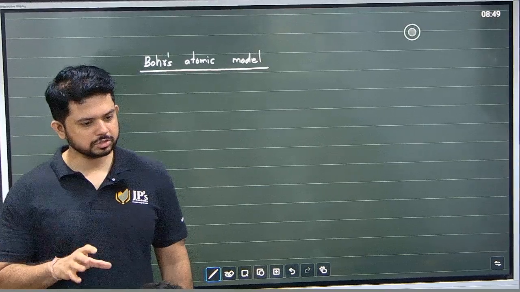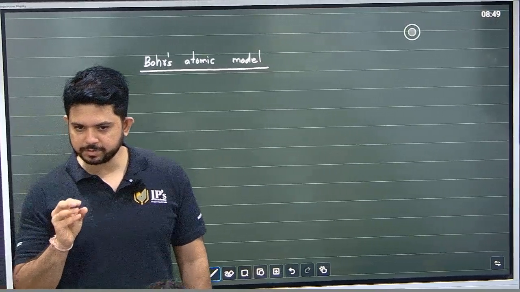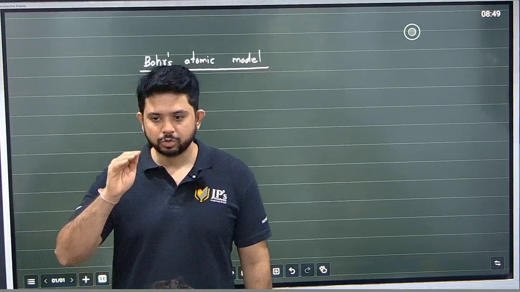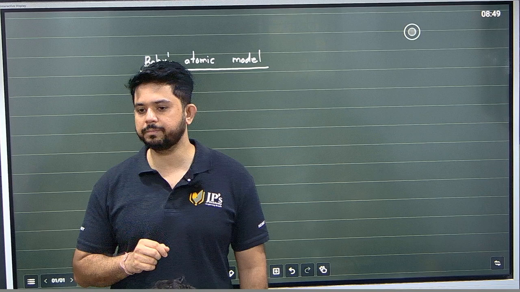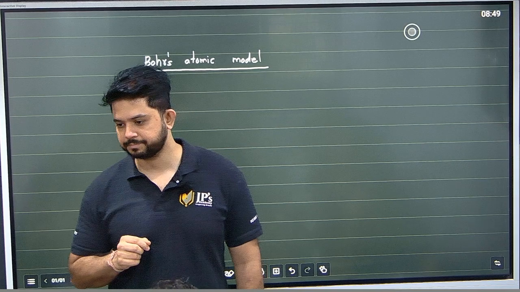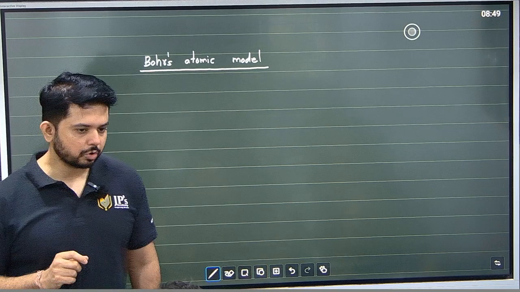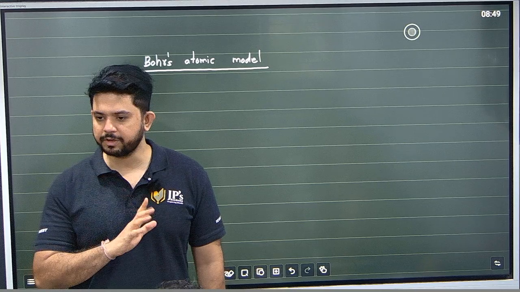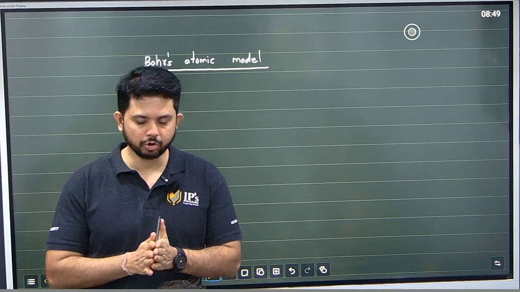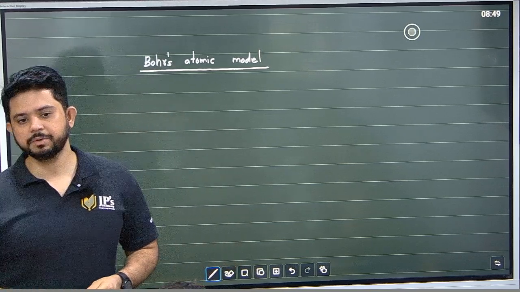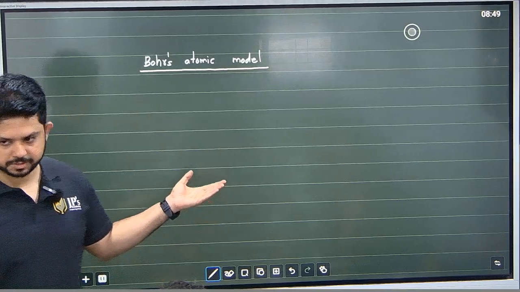We can also say that some of these assumptions were also a start towards the next phase, which is of quantum mechanics. So that initiation towards quantum mechanics starts somewhere from Bohr, and Niels Bohr was also a big part of developing quantum mechanics along with Schrödinger, Heisenberg, and many other physicists.